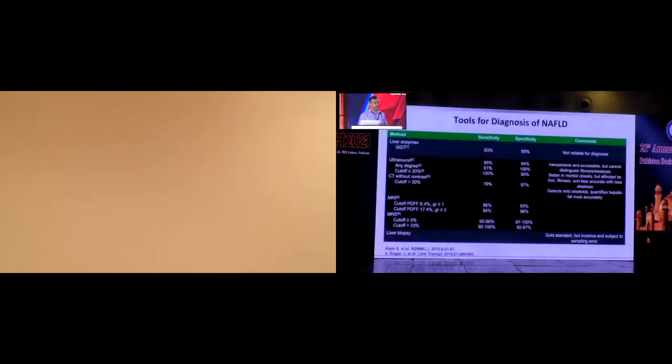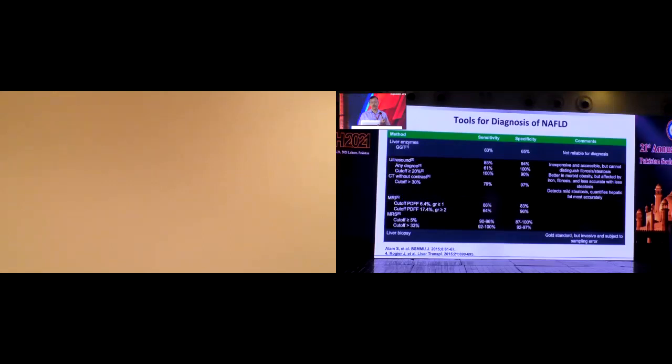And these are the detailed tools of diagnosis of NAFLD, starting from a simple test like ALT. And remember that in Southeast Asia, the ALT level cutoff for females is 19, although we can still debate on that heavily. What is the normal ALT level for males and females for our people? But there's a rough consensus that for males, any level above 25 is abnormal, any level above 19 in case of females is abnormal.